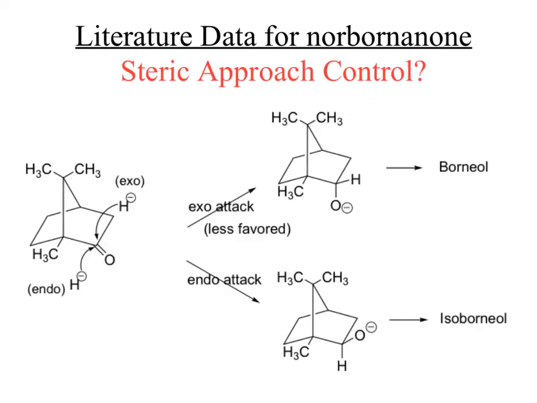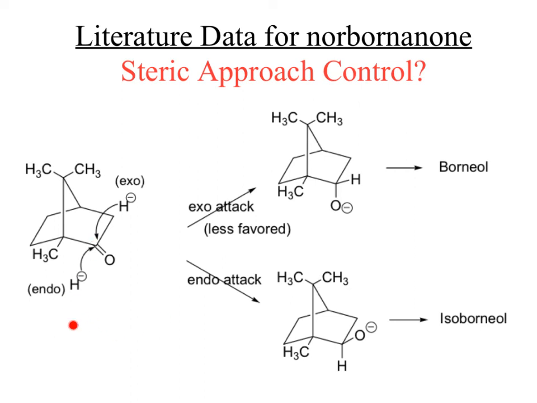Let's think about this again. Which one's less favored? Like I said, the exo attack, coming through all this junk up here, the H coming from the top, getting the O on the bottom, is less favored. And we think it makes the less stable product too.